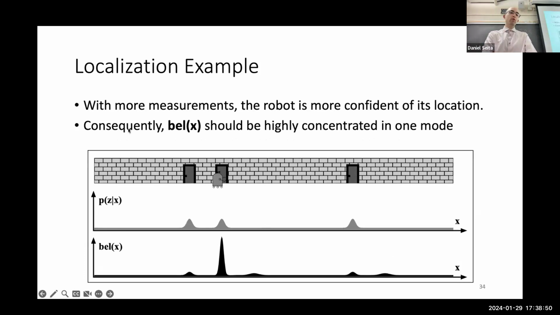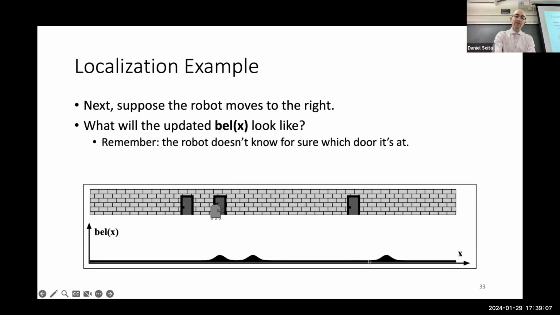And then with more measurements, the robot should be more confident of its location. So if it takes a measurement and sees that it's adjacent to a door again, the belief here should be higher because it assumed that you had this as the prior belief.